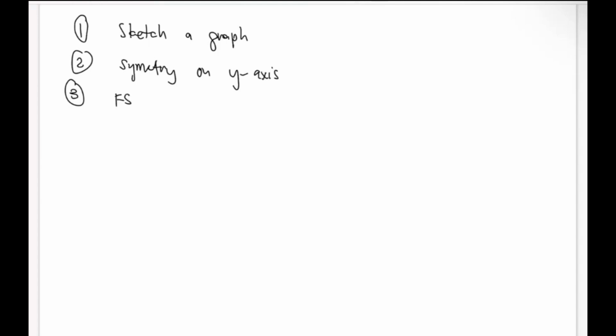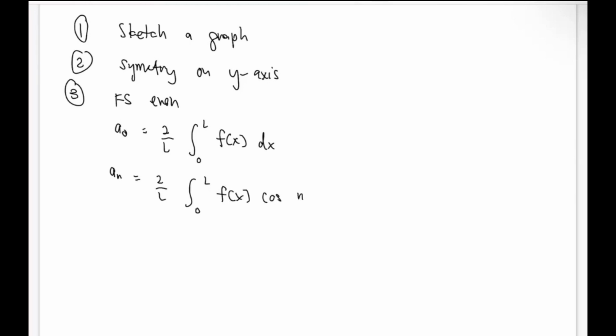If the graph is symmetric on the y-axis, then you can proceed to find a Fourier series for an even function. Given the formula, you need to find a naught, where a naught is 2 over L, integration from 0 to L f(x) dx, and an is 2 over L, integration from 0 to L f(x) cos(n pi x over L) dx, while bn equal to 0.